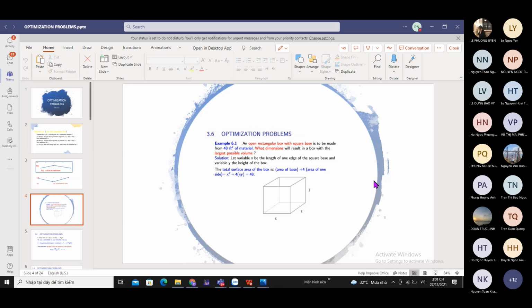Can you see the new slide? Yes. It's a bit small, teacher. Yes. All right. Let me enlarge it a little bit here. Let me see. It's quite small, right?